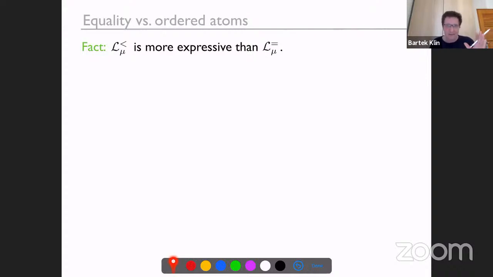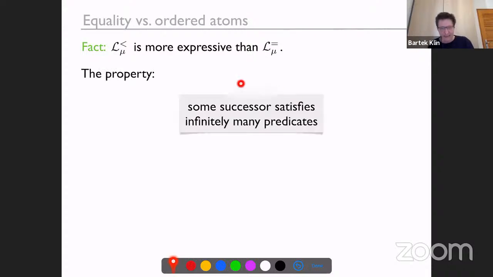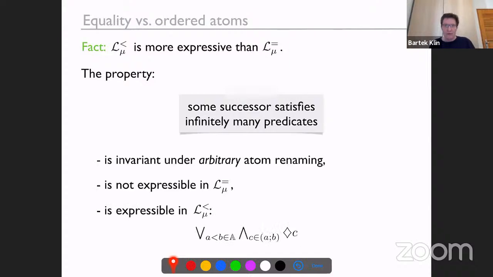But in fact, it's more subtle than this, because if you look at the property, some direct successor satisfies infinitely many basic predicates. This is a property that doesn't refer to the order of atoms in any way. And in fact, formally, it is invariant under arbitrary bijections of atoms. So it is conceivable that it could be defined by a formula in the equality atoms mu-calculus, right? But it's not.